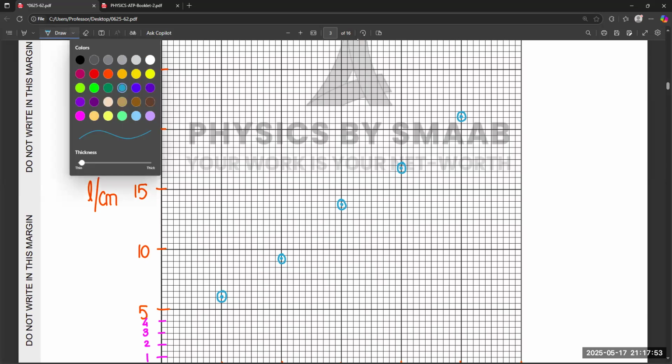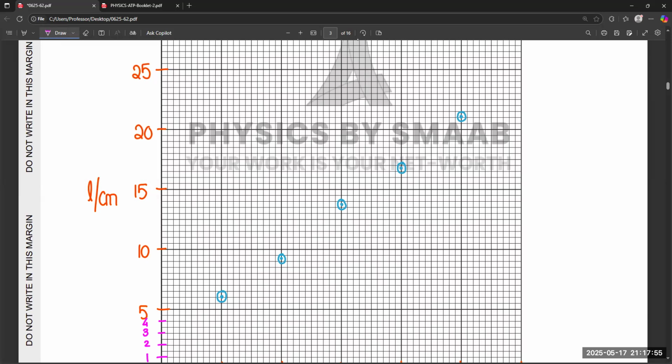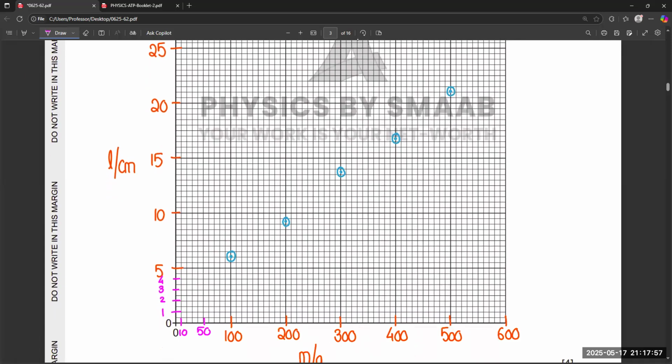So we have to join them, and it is mentioned it is not compulsory for the line to pass through the origin. We have to just connect these points, and remember we have to make a best fit line. Best fit line means it is not compulsory to set all the points on a single line. You have to just show the trend of the graph.